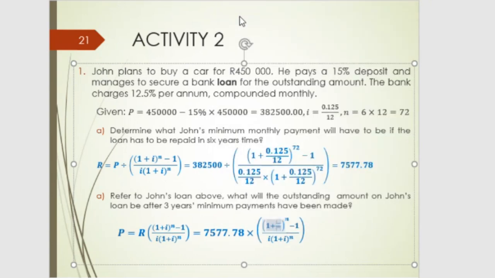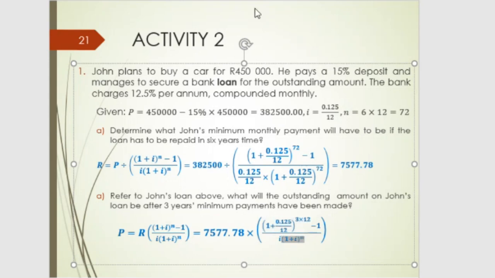Here we divide by 12, 0.125. So it's going to be 36, right? Because it's, no, not 36. Yes, 3 by 12. Okay, let me write it. 3 multiplied by 12 minus 1.